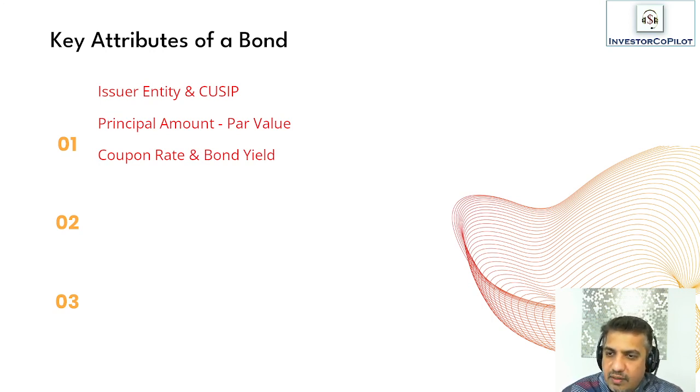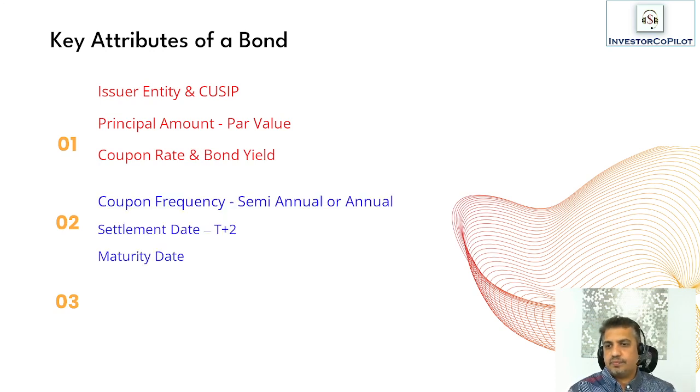Coupon rate, we discussed, is the declared interest rate at which the bond is supposed to pay you an interest, and bond yield is the actual rate at which you get paid. We'll elaborate on coupon rate and bond yield further. Coupon frequency. Frequency of payments are either semi-annual or annual.